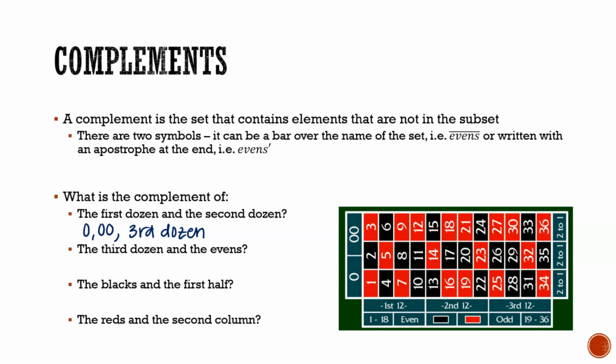What is the complement of the third dozen and the evens? These are all the numbers in the third dozen. It would be all the numbers that are odd in the first and second dozen, including 0 and 00. What is the complement of blacks and the first half? All the reds that are in the second half, as well as 0 and 00.